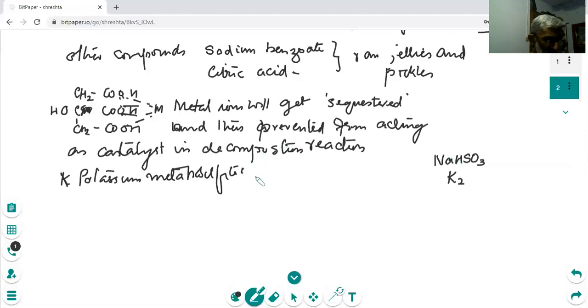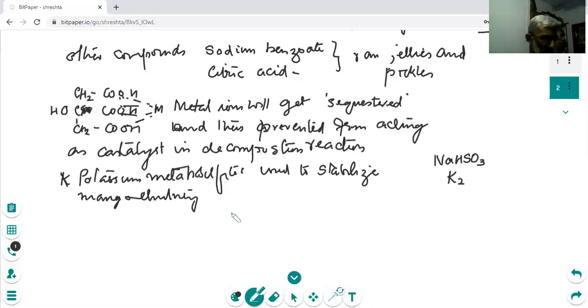Now, what happens is this is generally used to stabilize mango chutney, and the lemon squash.